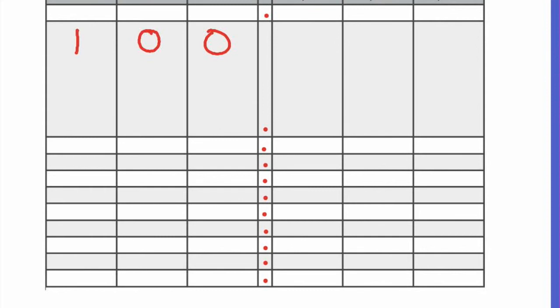So if you start with just the 1 and you go over one place because you've gone up times 10, right? And you go over another place that's times 10, how many times did we just move? 2. So that's 10 to the power of 2 because we've moved 2 places over. So if you have 4 zeros, how many places have you just had to move? 4 times, and so that's 10 to the power of 4.